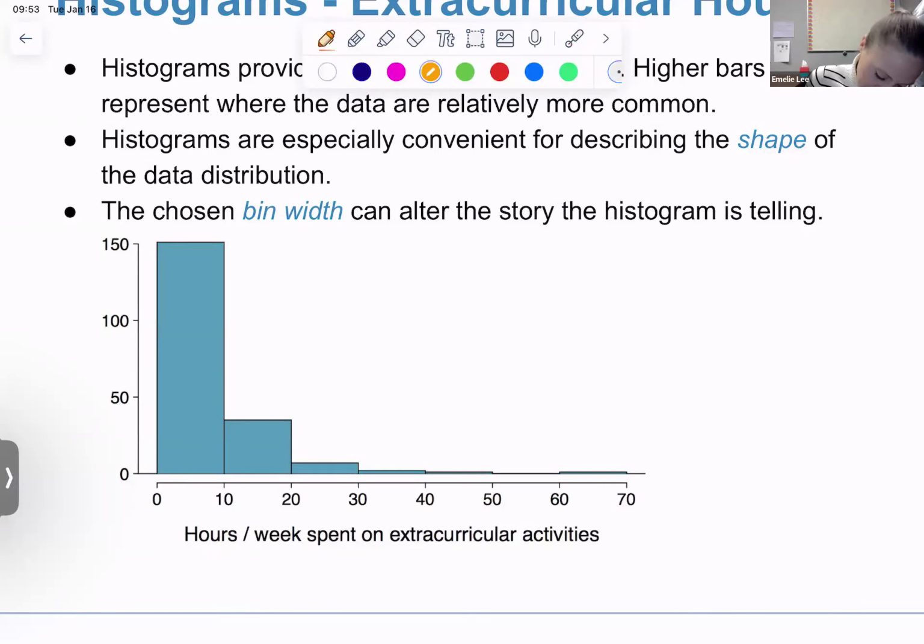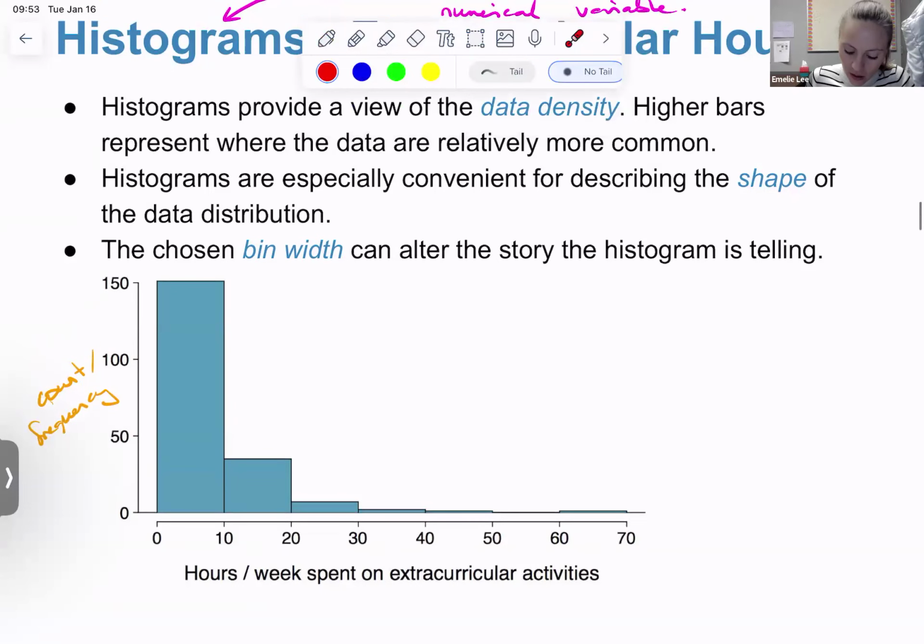So on the side here, we've got the count or the frequency. It's usually what it's called if you make a histogram in Excel, I think, or at least many others. So we've got this data density graph, and it's going to show us the distribution.